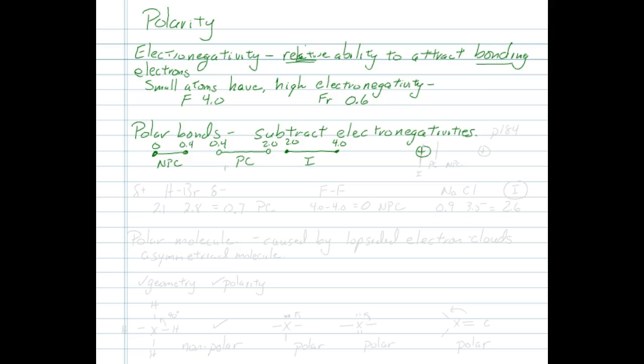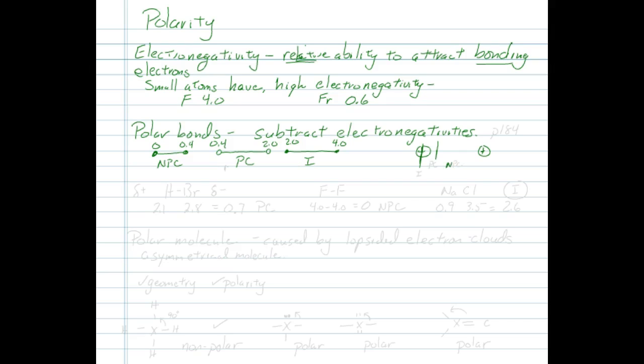If this is the nucleus, and this is the nucleus. If it's nonpolar covalent, the average of the electron cloud is in the middle somewhere. If it's polar covalent, it would be more towards one side or the other. And if it's ionic, the average would be on the nucleus itself.